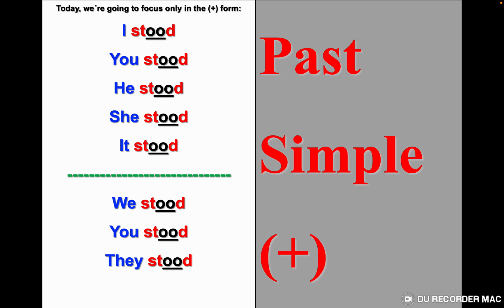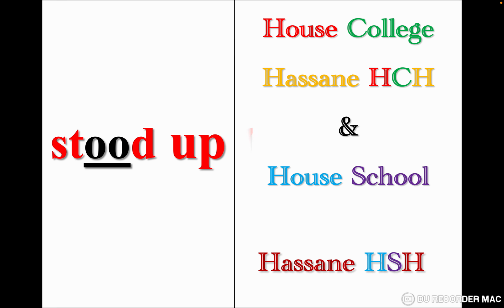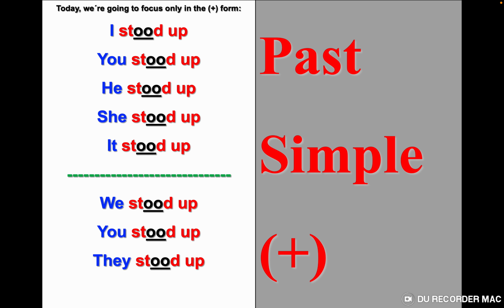It stood. We stood. You stood. They stood. Stand up, the same like stand, stood. So the past, stood up. I stood up. You stood up. He stood up. She stood up. It stood up. We stood up. You stood up. They stood up.